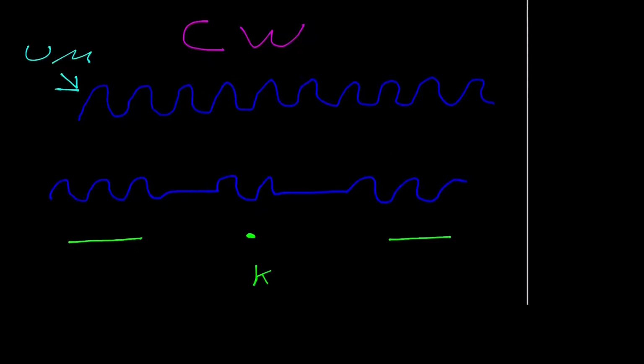But as you can see, the modulated signal down here is the simplest form of modulation in that the signal is essentially turned on and off.